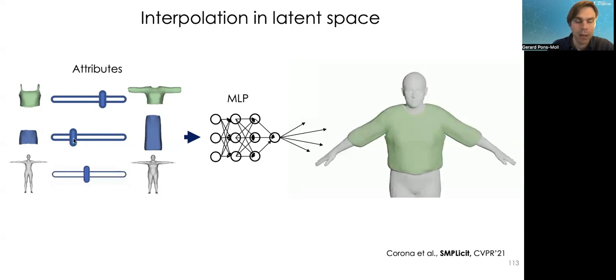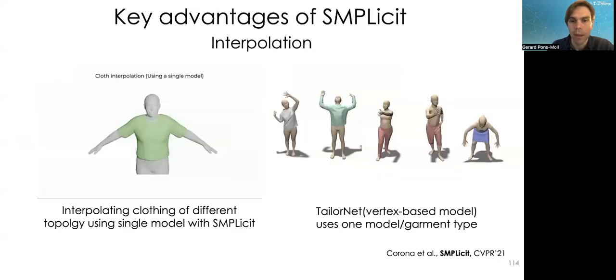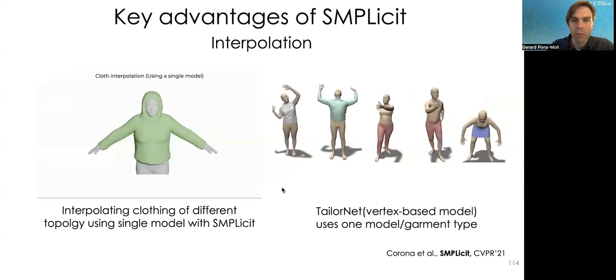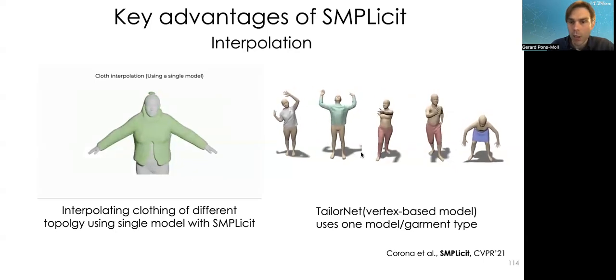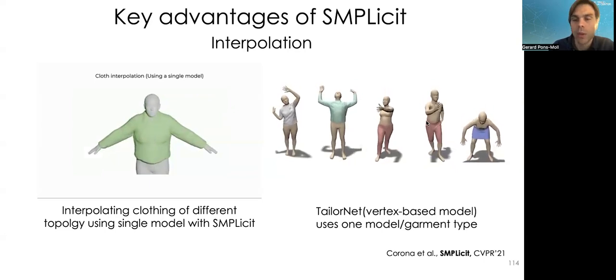Right, so here I should have described this a bit better. These attributes were controlling different things. One was the cut, the other one was the sleeve length, and now this one is controlling more the shape. As a comparison, TailorNet was producing compelling results, but notice that the interpolation was always within the same garment.